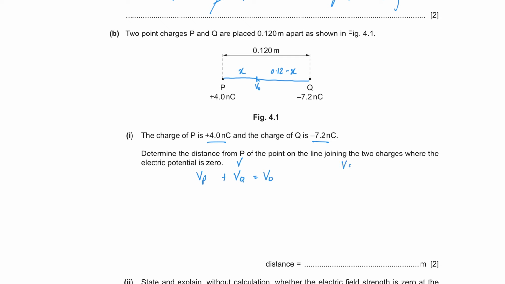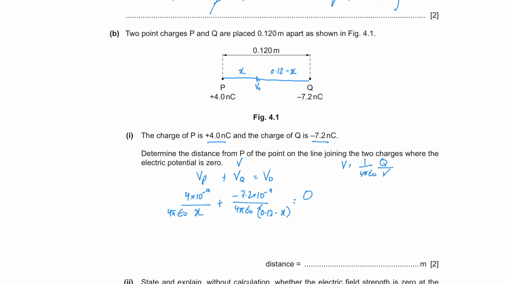V, the potential, is 1 over 4 pi epsilon naught times Q over R. So Vp would be Q, which is 4 nanocoulombs, over 4 pi epsilon naught, where epsilon naught is a constant of known value, times R, which is equal to x, plus Vq, which is minus 7.2 nanocoulombs upon 4 pi epsilon naught times the distance from Q, which is 0.12 minus x, and V is 0.